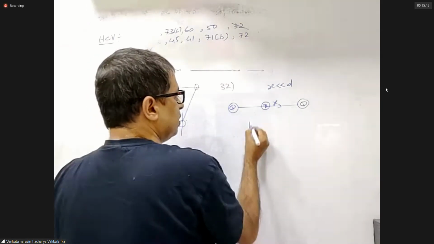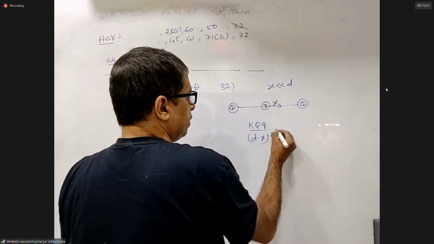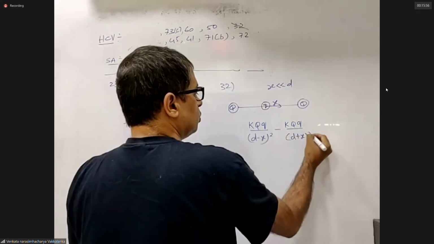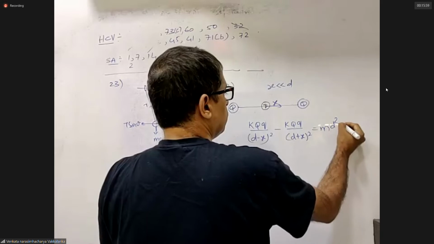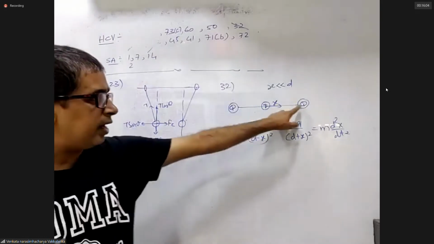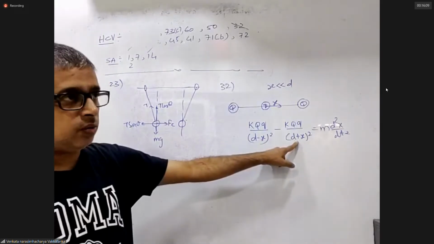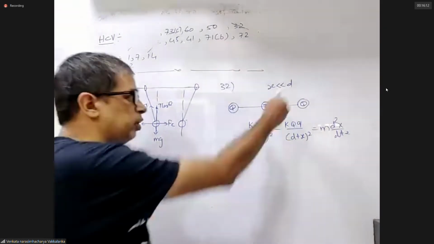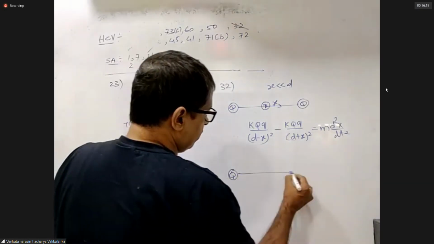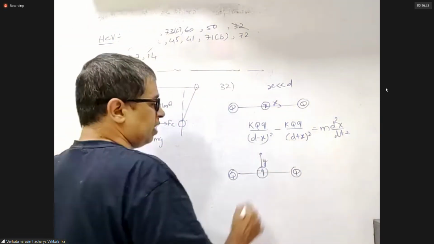The electrostatic repulsion between these two is K capital Q small q by (d minus x) whole square minus K capital Q small q by (d plus x) whole square, which should be equal to m d2x by dt square. Small q, I displaced to the right. The repulsive force of this is this value. The repulsive force of this is this value. This will be lesser, this will be greater, so it will push it back to the equilibrium. On the contrary, just for your information, if it were minus q, then displace it in this direction.